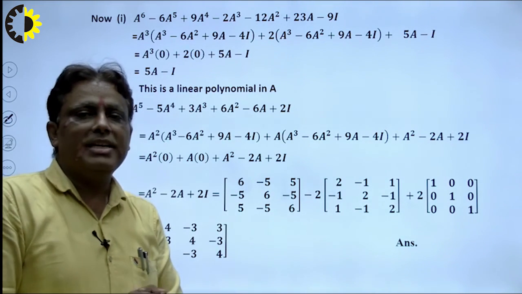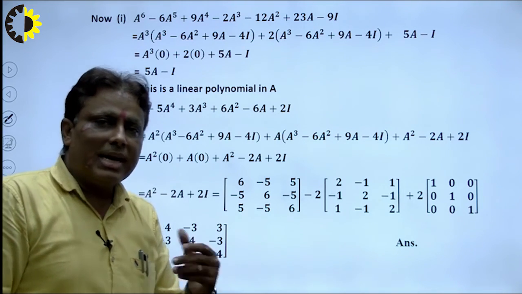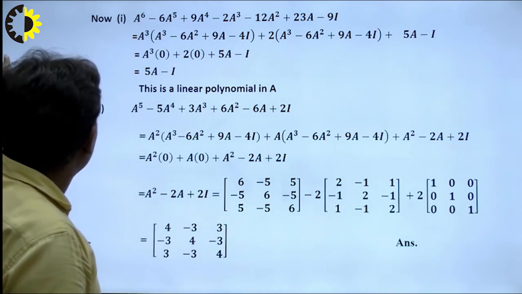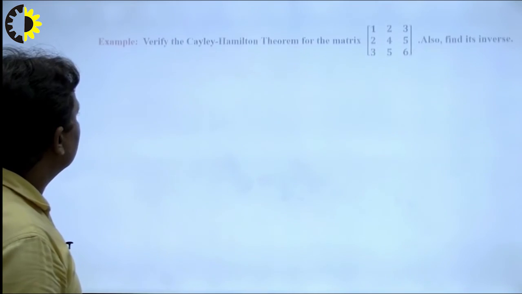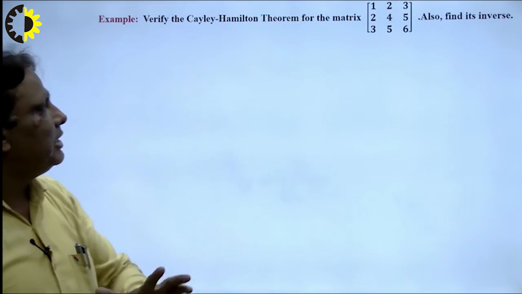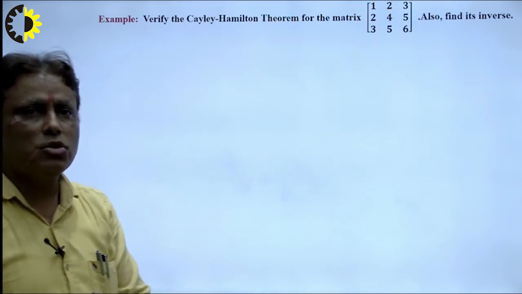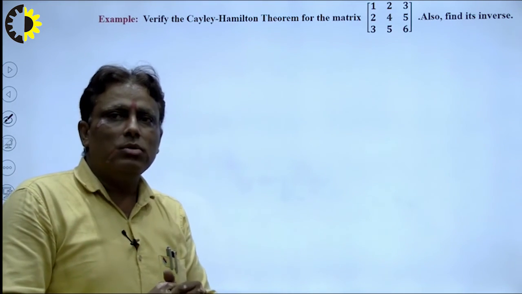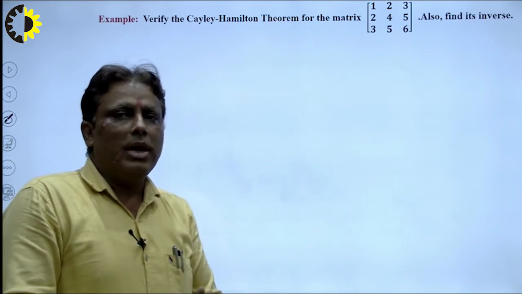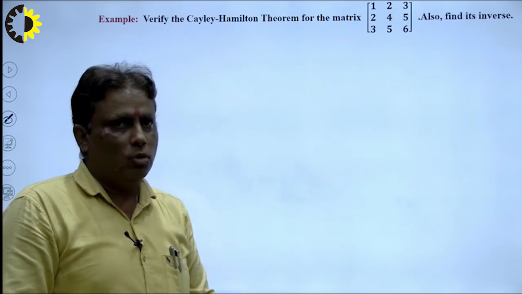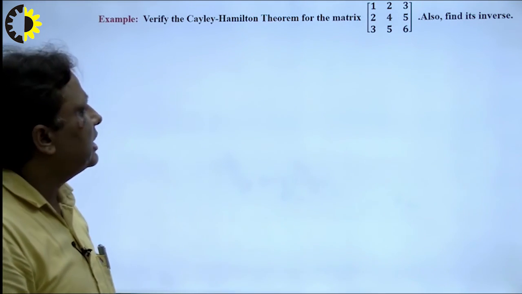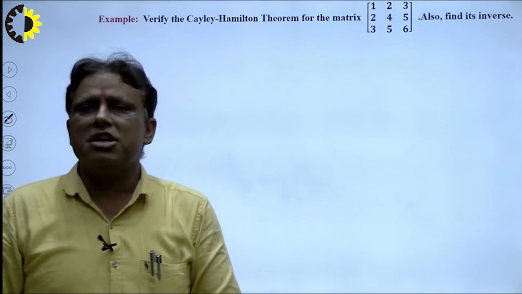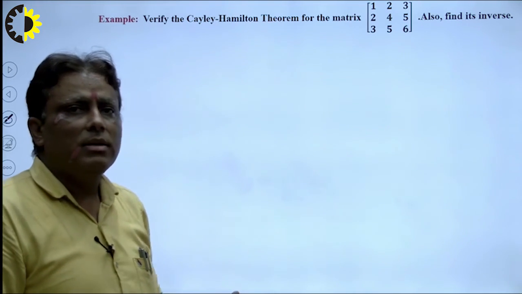So this is the criteria to solve Cayley-Hamilton theorem problems and various problems based on it. Verify Cayley-Hamilton theorem and find its inverse; this problem is based on this topic. So in this way we solve many problems on the Cayley-Hamilton theorem. In today's lecture we discussed how to obtain the characteristic equation and how to obtain the inverse.